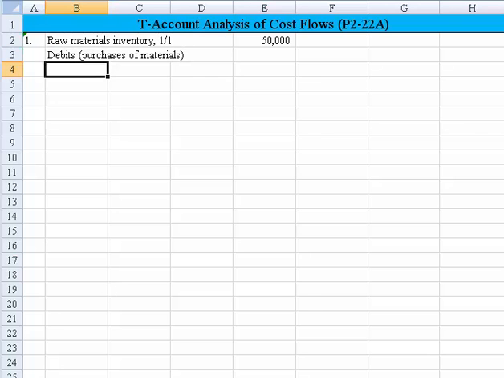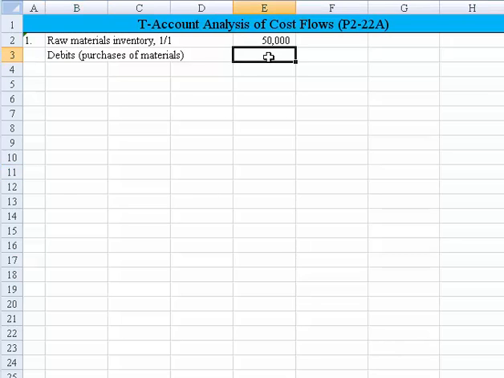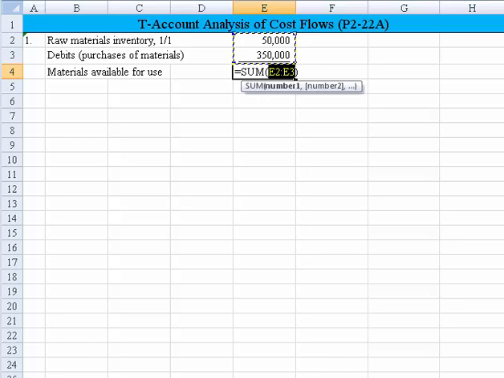And I believe, we'll go back, I think that was 350,000, right? To the left of my mouse was 350,000, then we ended with 40,000. Okay, so what that tells us is if we add those two together, we can come up with the materials available for use. And the materials available for use, we just sum from above, is 400,000.